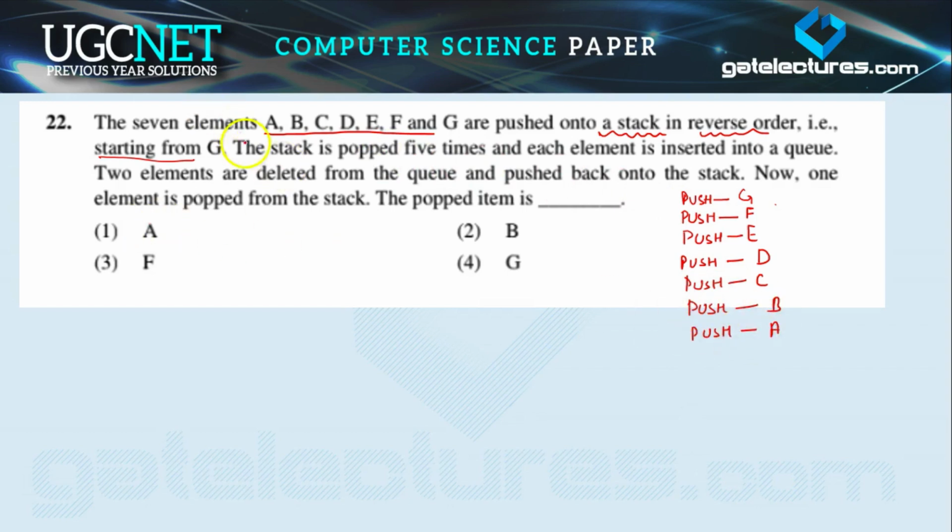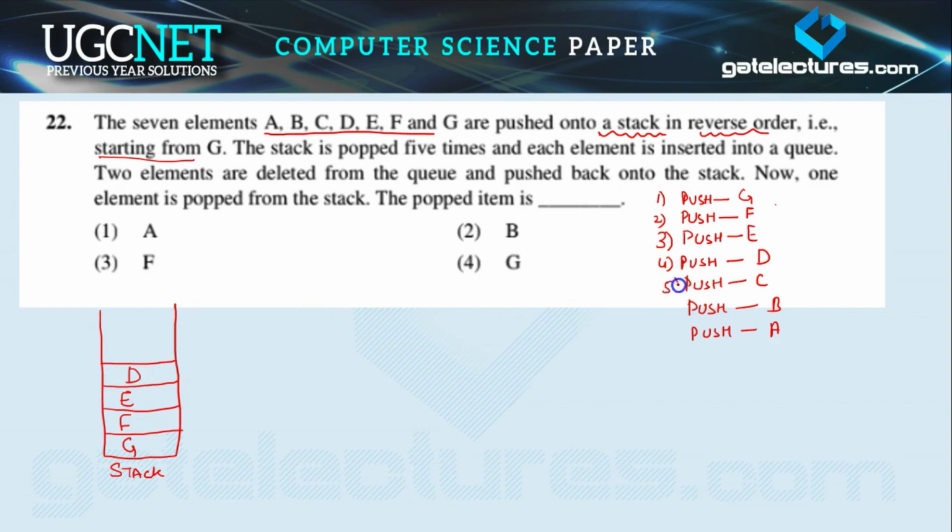Now come to the question. The stack is popped 5 times and each element is inserted into a queue, right? So this is my stack. Push G first, then push F into the stack, then push E, then push D, so D is here.